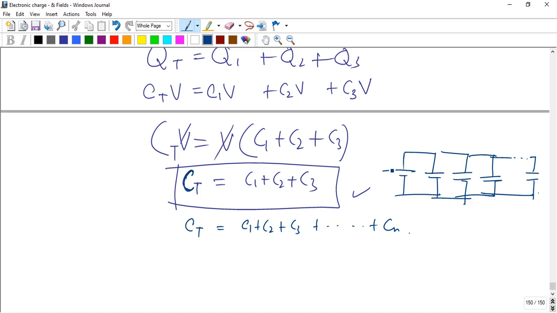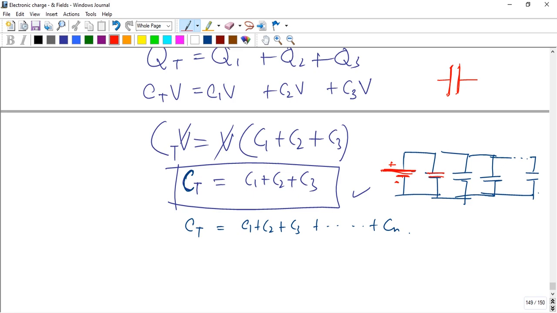Okay, and it is important in symbol: battery has one terminal long and one short, long terminal plus, short terminal minus. But for the capacitor, the symbol is two lines of equal length. Okay, because you know that is an equipotential surface, these two surfaces are the same. So that's why symbolically these two straight lines are of equal length.